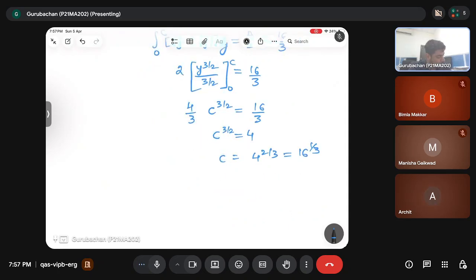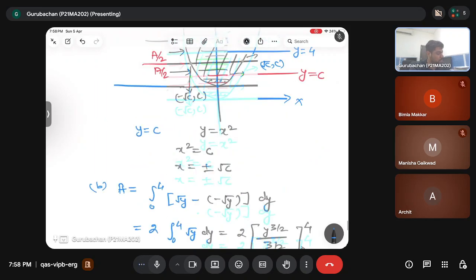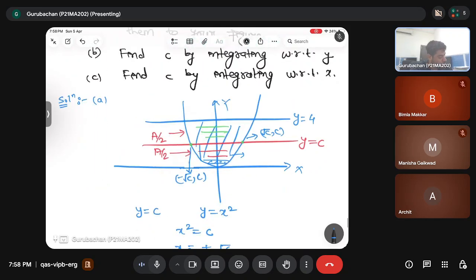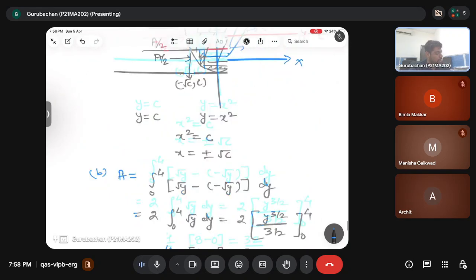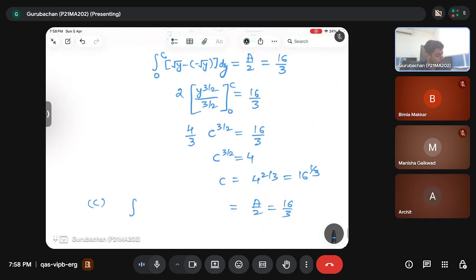Yes, sir. Now in the same way, we have to do the c part, but we have to integrate with respect to the x-axis. So obviously a by 2 will be the same, that is 16 by 3. With respect to the x-axis, it will be like this. The upper curve will be y equal to c and the lower curve will be y equal to x square, with dx.